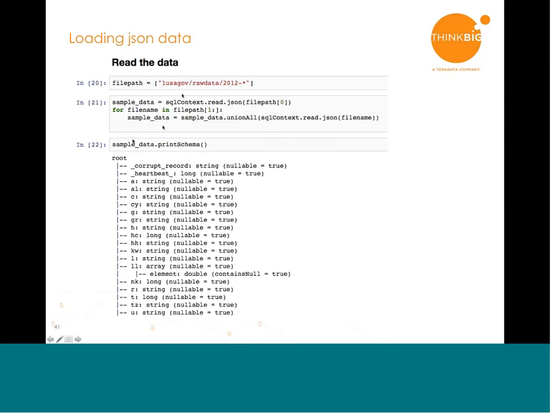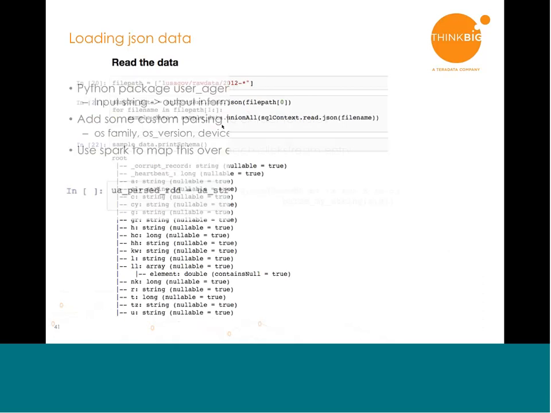The great thing about data frames is that it will infer a schema from the JSON file. So it will pull out all of the column names. It will determine what the data type is, whether it's a string, a long, and whether there are null values in there. And it does that with just this simple call.